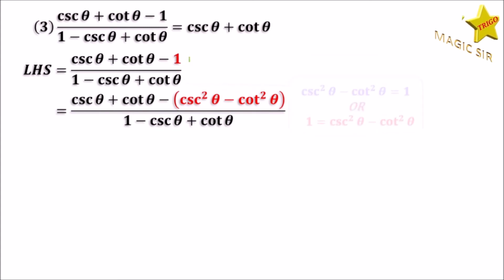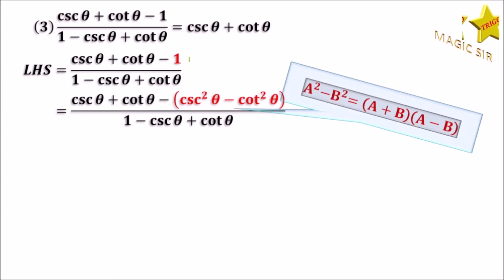See the animation. Now apply the formula a square minus b square is equal to, in the first bracket, a plus b, and in the second bracket, a minus b. Let us suppose a equal to cosec theta and b is equal to cot theta.